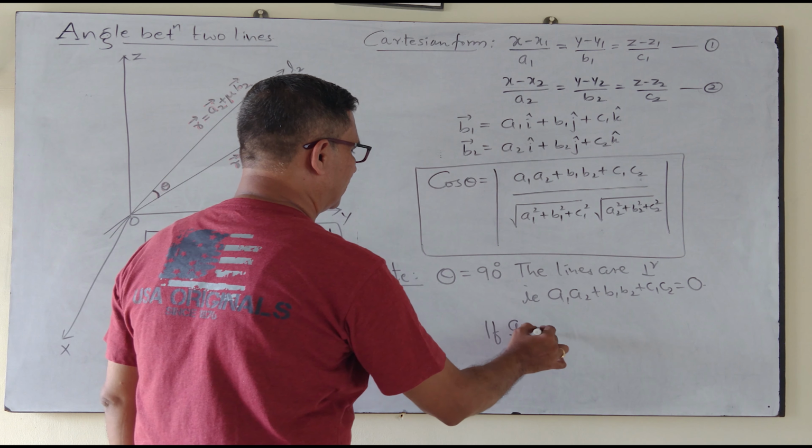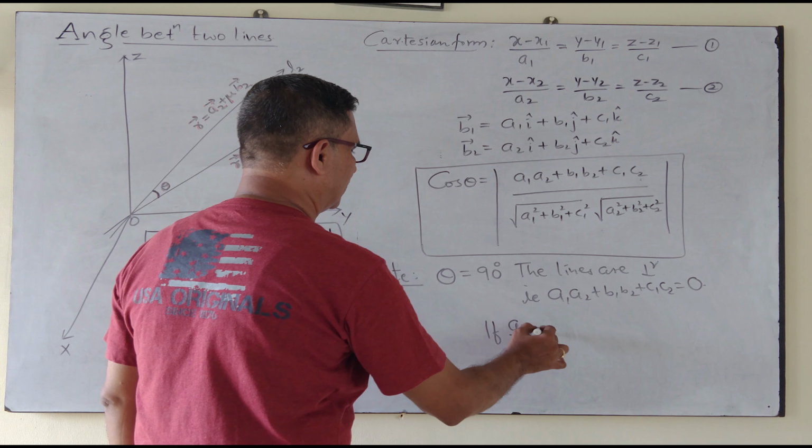Now here given data, first problem, vector r is equal to 3i plus 2j minus 4k plus lambda into i plus 2j plus 2k. Okay, this is first line. Second line is r is equal to 5i minus 2j plus mu into 3i plus 2j plus 6k.